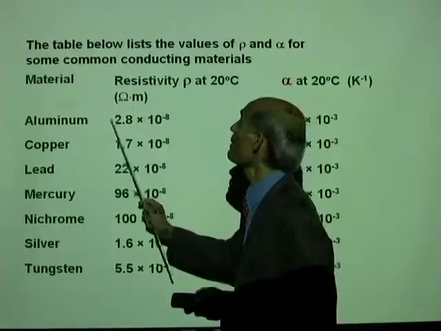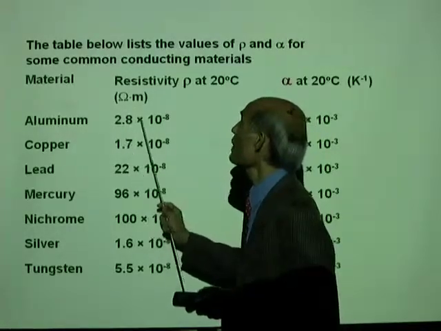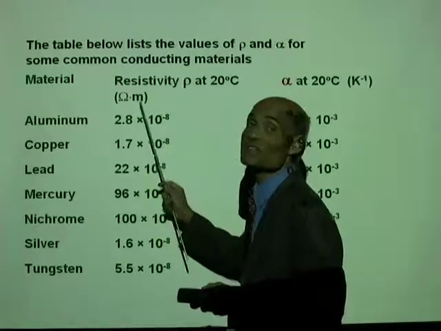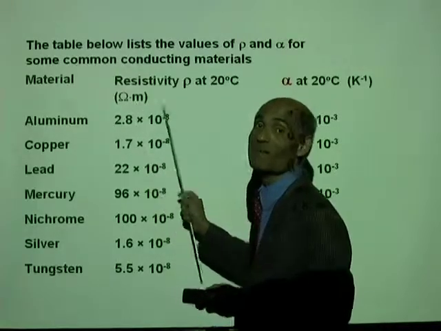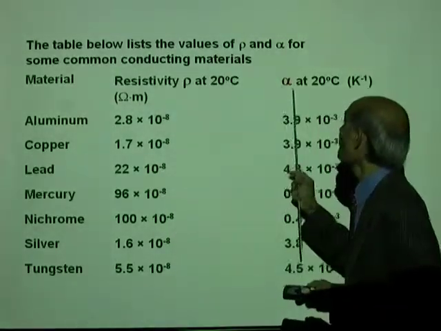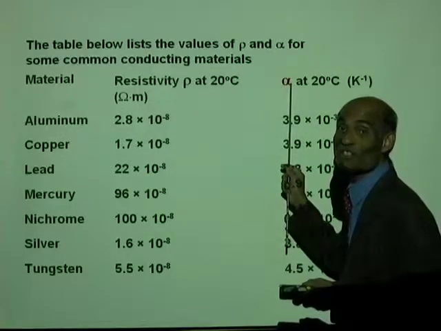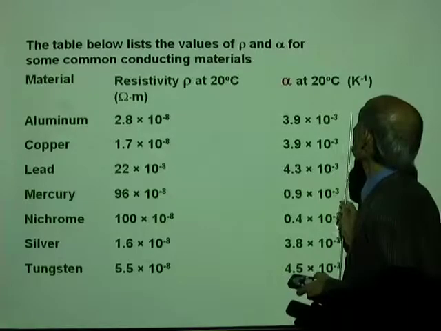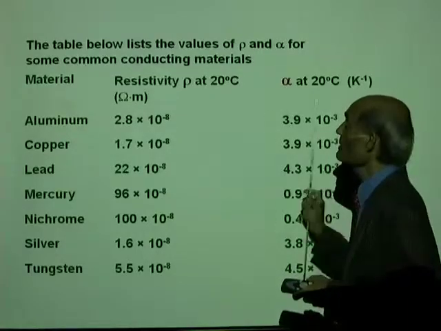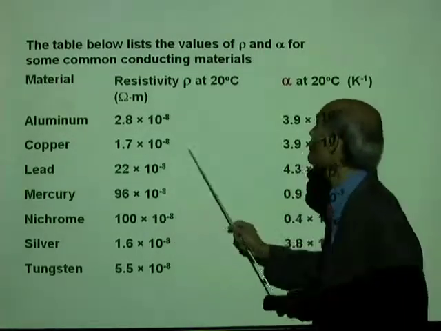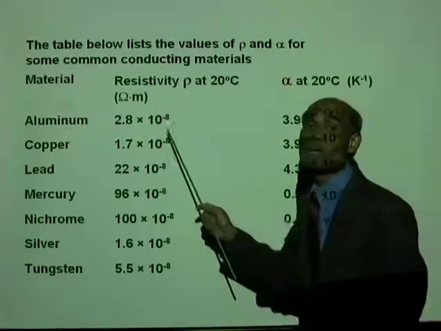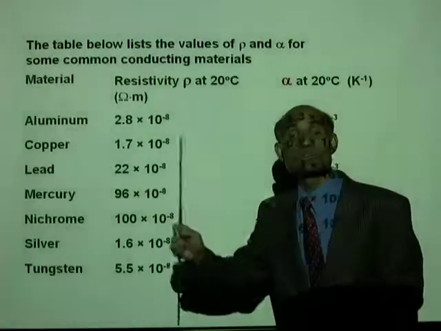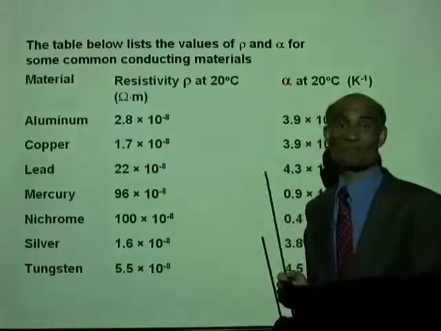The resistivity of aluminum is 2.8 times 10 to the negative 8 ohm meter, and the value of its temperature coefficient of resistance is 3.9 times 10 to the negative 3 per Kelvin. And similarly for copper. We may need it when we want to use them for problem solving.